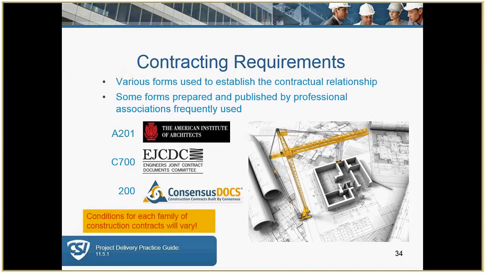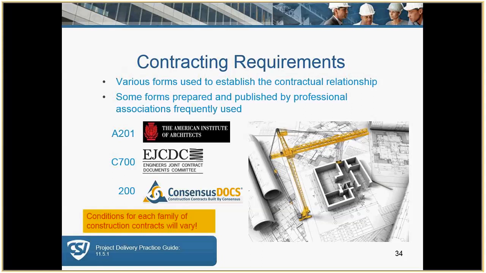As presented in the session on general requirements, there are many families of documents: the AGC, the AIA, EJCDC, the DBIA, and the consensus documents. The key is to use the same documents throughout the entire set of contracts to ensure that there's coordination of all elements achieved.